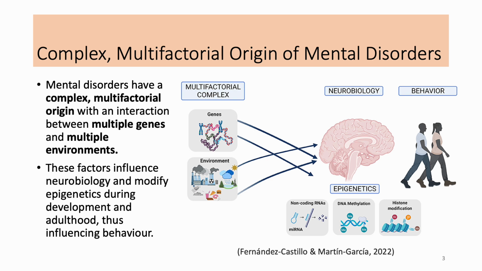Mental disorders are the result of complex interactions between brain chemistry, genetics, and environmental factors. These factors influence neurobiology and modify epigenetics of individuals during development and adulthood, thus influencing behavior.